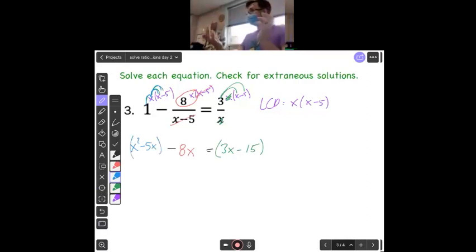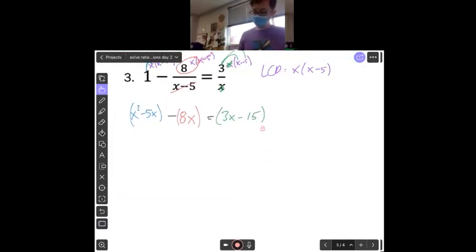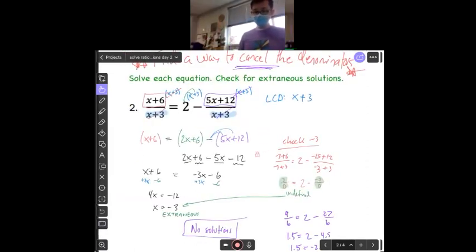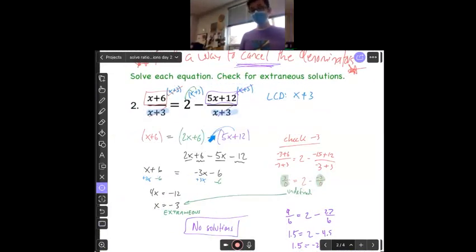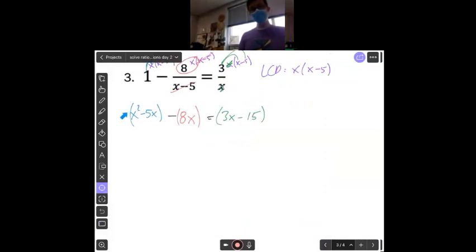I could group the 8x if I wanted to, but it's pretty unnecessary to put parentheses around one thing. If you want to, go for it. It does not hurt anything. Do we need them? will be the next question. So we saw in the last problem that those parentheses were very helpful because they made sure we distributed that negative here. Well, in front of this set of parentheses, there's just a 1.